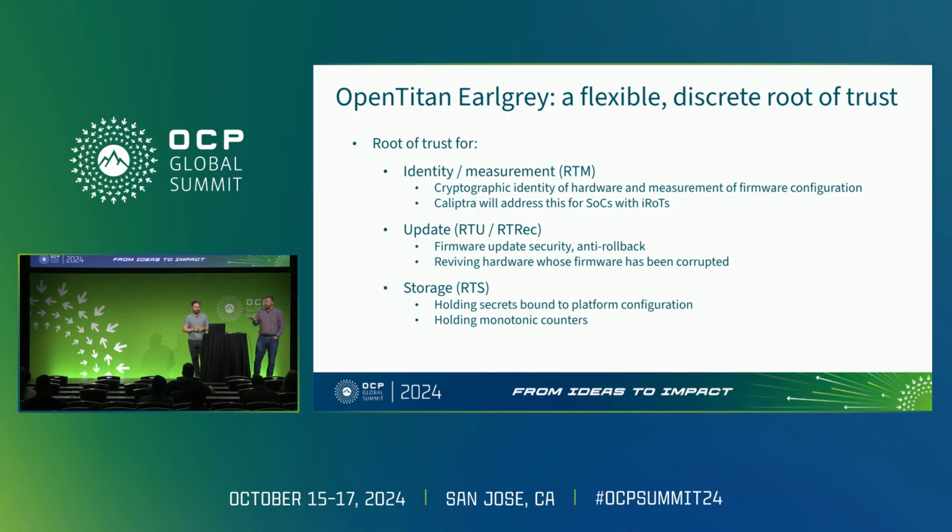For update, you may want to have assurances that only signed firmware can ever land on your platform. And so this involves signature checks, anti-rollback enforcement, making sure that you can recover hardware even though the firmware might have been corrupted, and root of trust for storage, where you're holding secrets for the platform bound to certain configurations, as well as monotonic counters that can have a wide variety of different use cases.